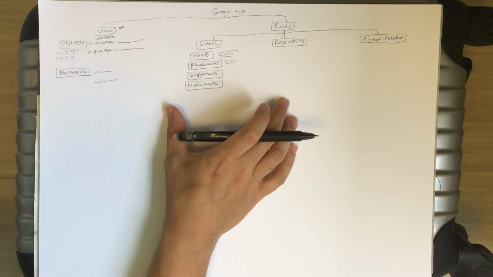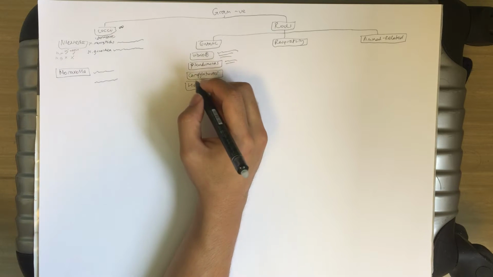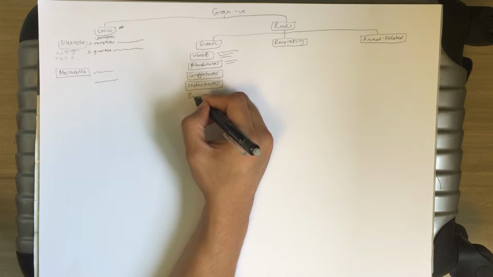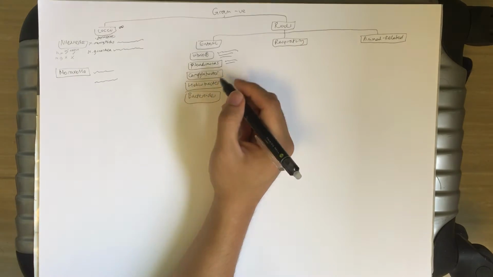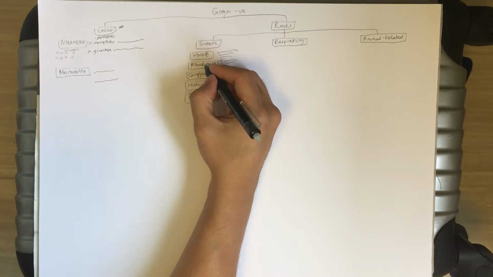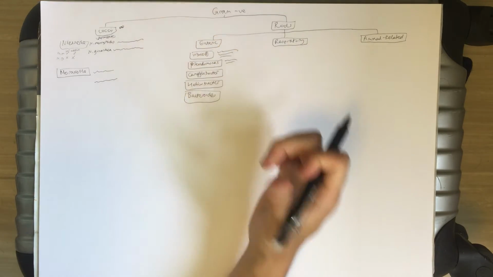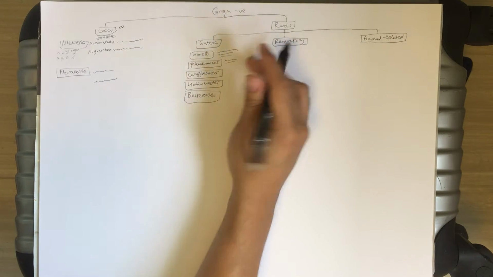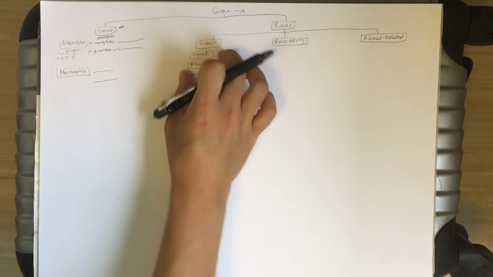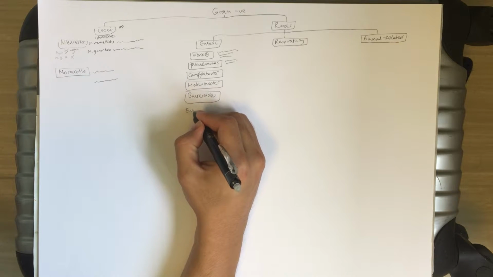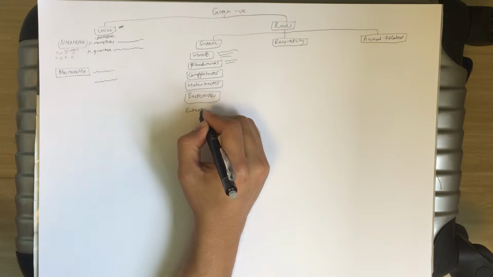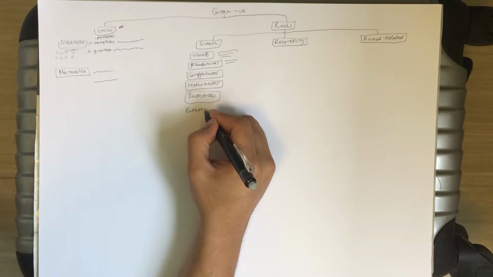I'll show you an example of how I did it after. And then Bacteroides. You can leave space between these, because I've done it very compact and you won't have enough space for the information, but you can spread it out a bit more so you have more room to write. And then you have a subset called Enterobacteriaceae.